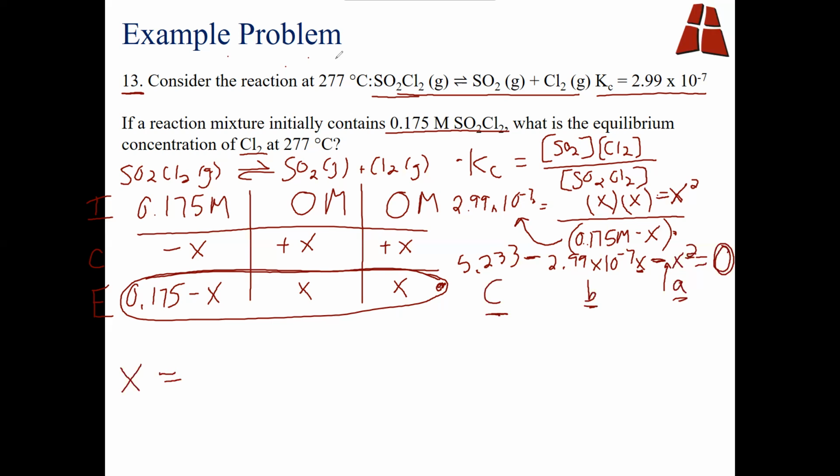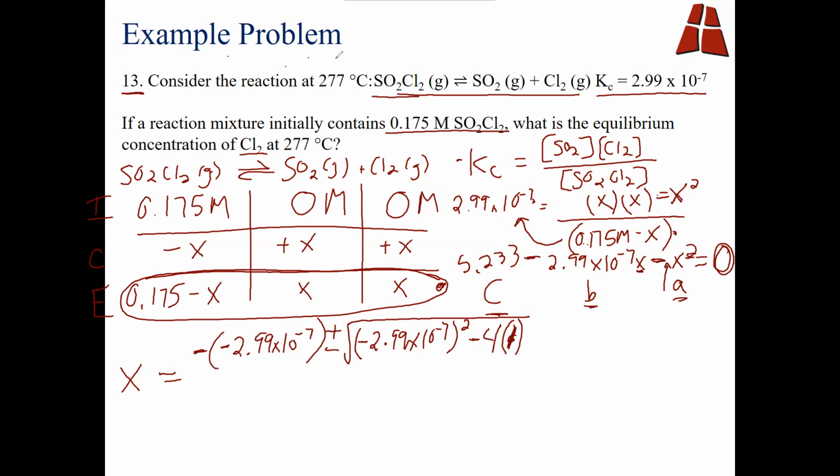So plugging this all in, x equals negative b, so b is our minus 2.99 times 10 to the negative 7th, so minus times minus 2.99 times 10 to the minus 7th, and then that will be plus or minus, so we're going to get 2 solutions to our quadratic equation. And so this is then the square root of b squared, so b again, 2.99 times 10 to the minus 7th squared, minus 4a.